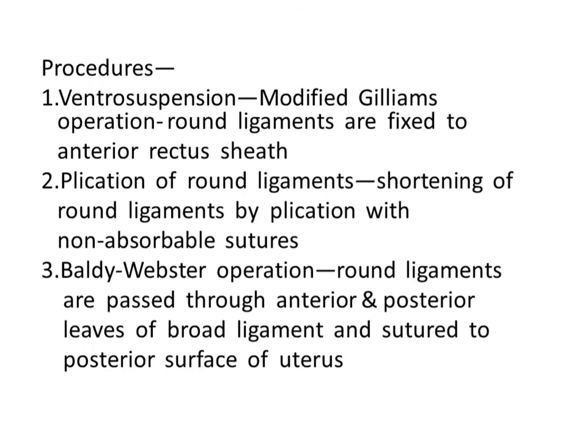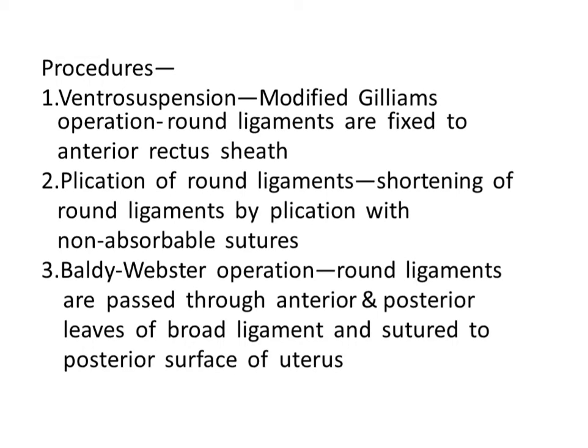So here the round ligaments are used, they are fixed to the anterior rectus sheath. By this you're shortening the round ligaments, tightening them and pulling the uterus forwards. See, the round ligaments are attached to the fundus anteriorly. So you're pulling the uterus forwards and correcting the uterine retroversion.